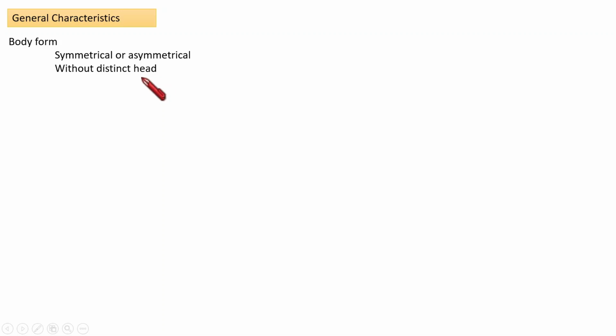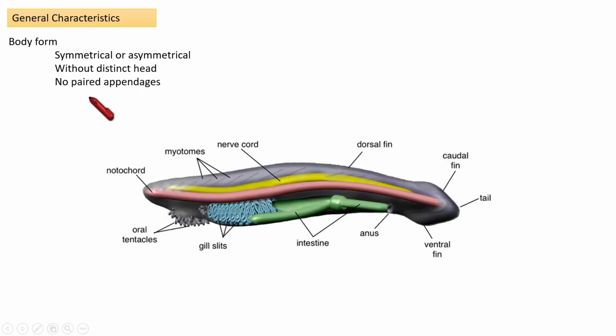And there are no paired appendages. Need to note that word. Appendages are there, but paired appendages are lacking. So no paired appendages, no distinct head, and they may possess symmetry, or sometimes they are asymmetrical. Okay.